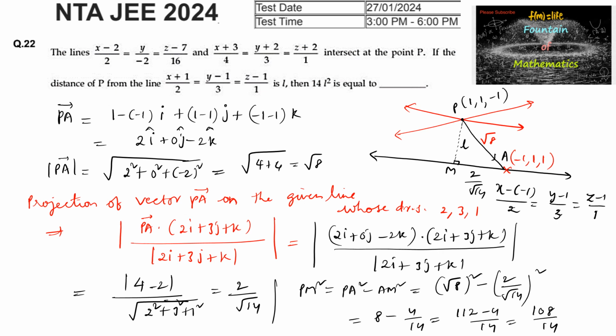So PM square is nothing but L square. So we have 14 L square is equal to 108 by 14, or 14 L square is equal to 108. So we can go with the answer: 108 is the answer.